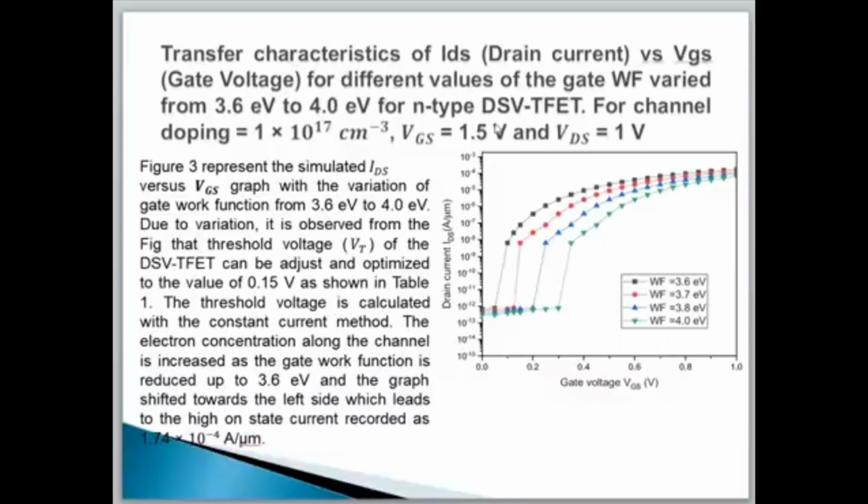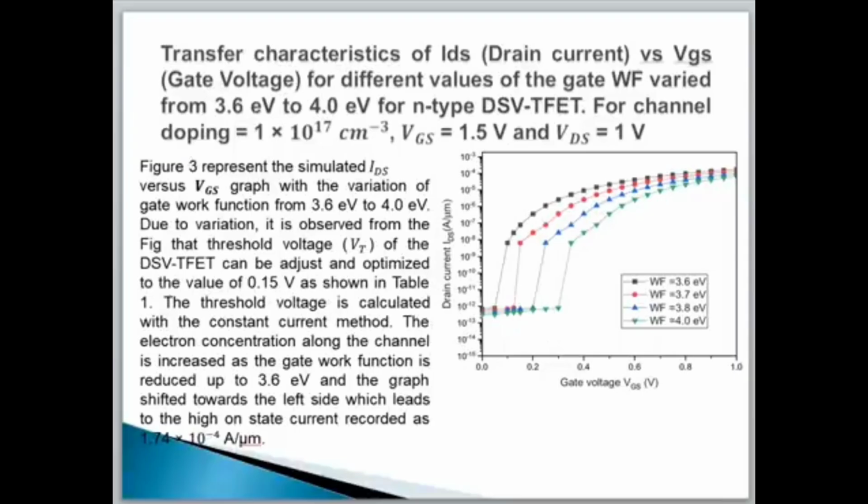This is not 1.5, this is 1 volt. Figure 3 represents the simulated IDS versus VGS graph with the variation of gate work function from 3.6 to 4.0 electron volt. Due to variation in the work function, it is observed from the figure that the threshold voltage of the device can be adjusted and optimized to the value of 0.15 volt.